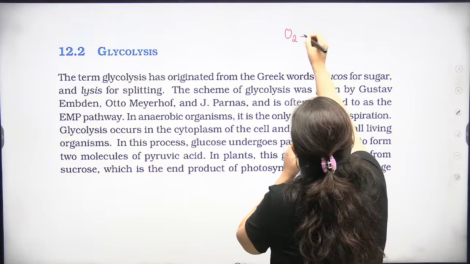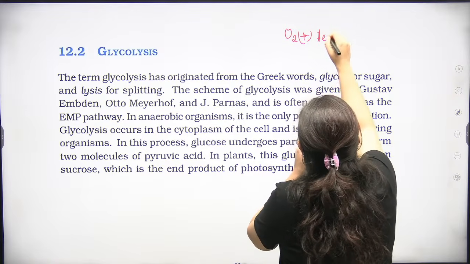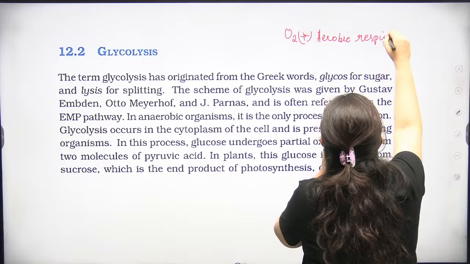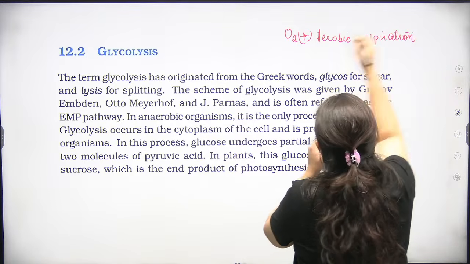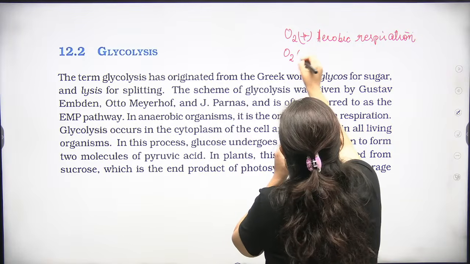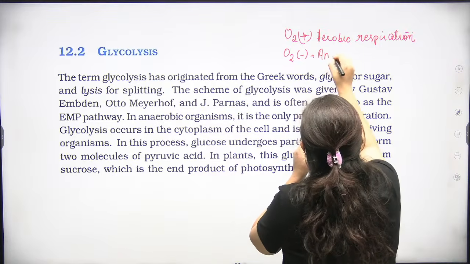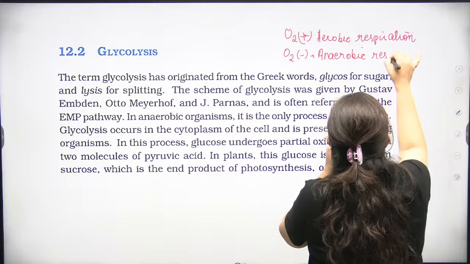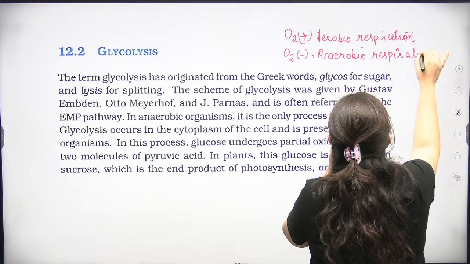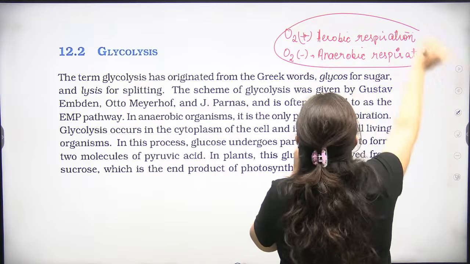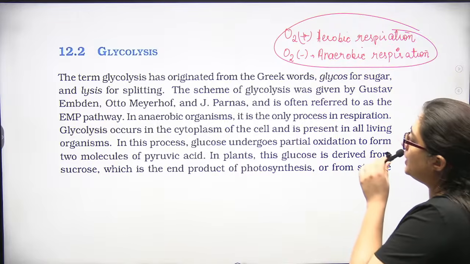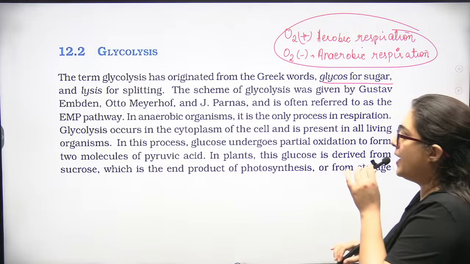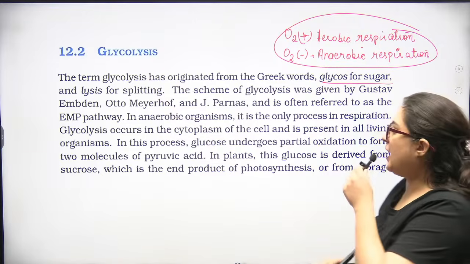Oxygen present, aerobic respiration. Oxygen absent, anaerobic respiration.